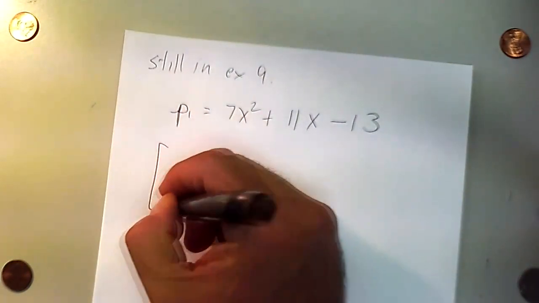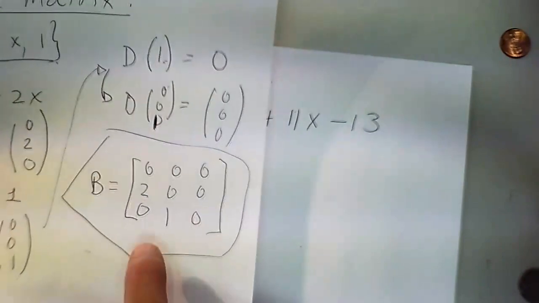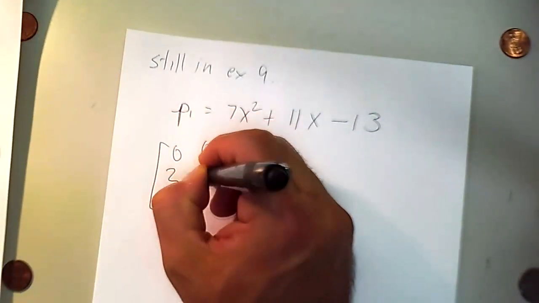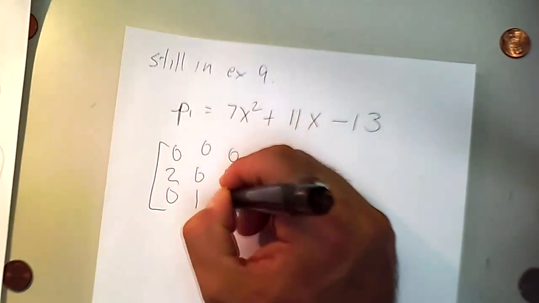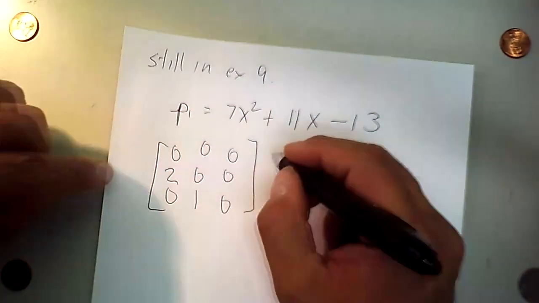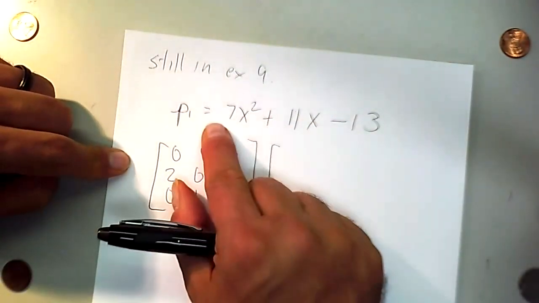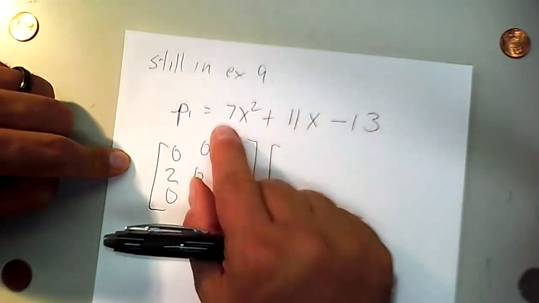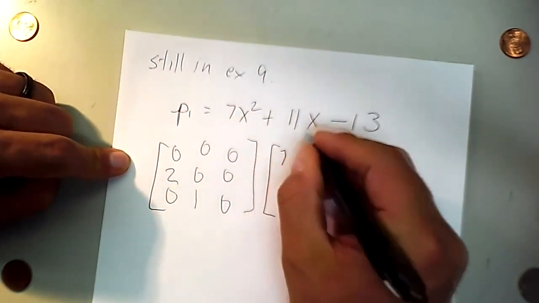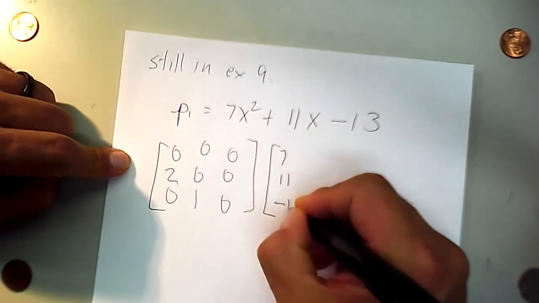Well, the matrix, let me copy it down, is (0, 2, 0), (0, 0, 1), (0, 0, 0). It has a lot of zeros in it. Remember, this polynomial can be written as 7 x squared, 11 x's, negative 13.